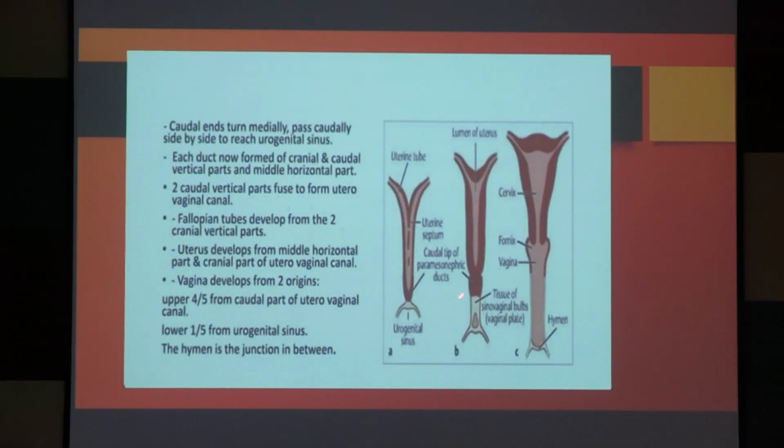This is the sinovaginal bulb, and it forms the vaginal plate, after canalization of which the vagina forms. So the cervix and upper part of the vagina develop from the paramesonephric duct, but the lower 1/4 of the vagina develops from the urogenital sinus. So the vagina develops from two sources. That's why the vagina is covered by squamous epithelium.